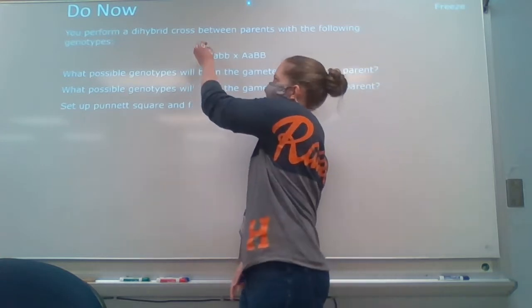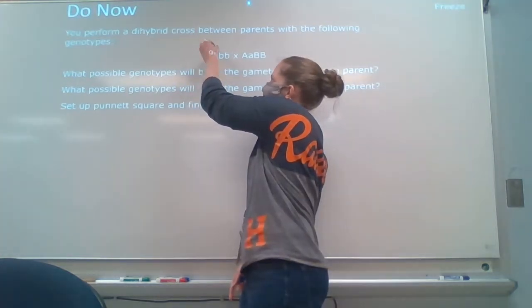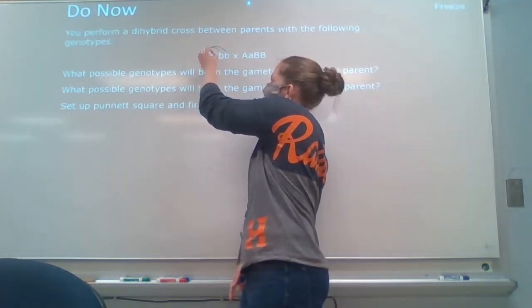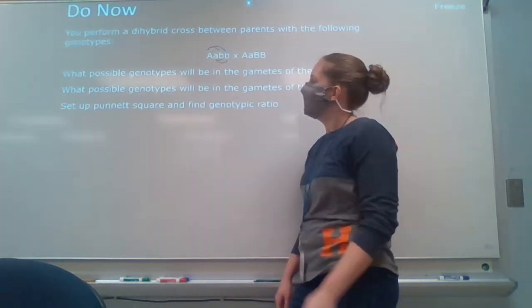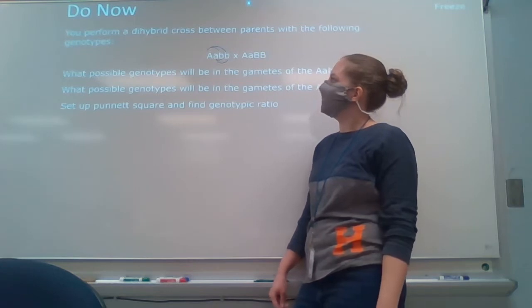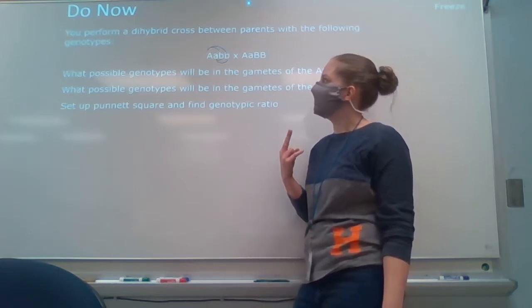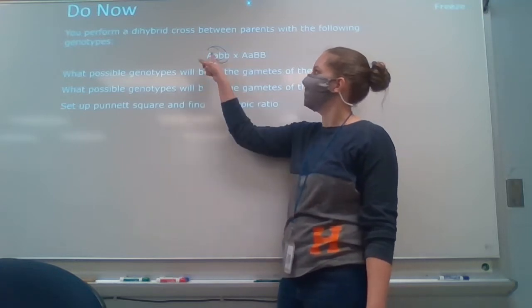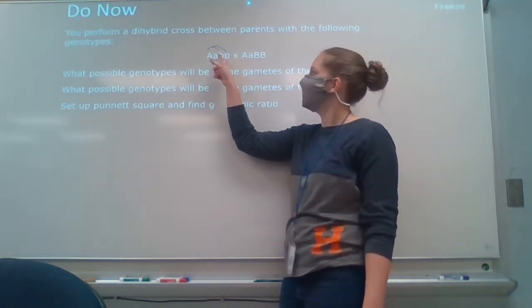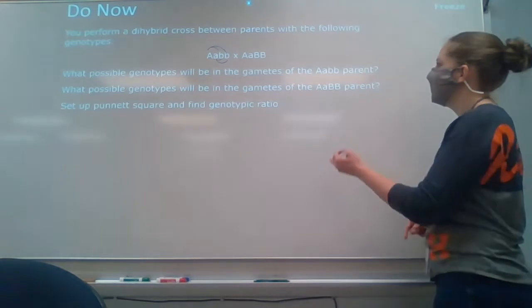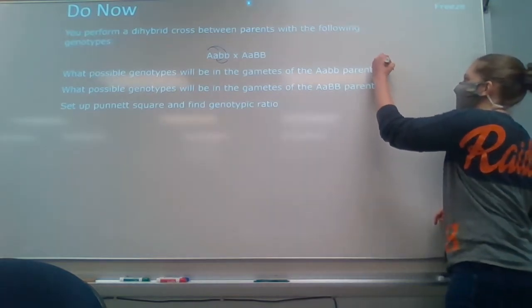So talk about how you could physically draw the FOIL lines out so you could see all the possible combinations. In this case, parent one is really only going to give two different possible combinations in their gametes, right? They're either going to give a big A and a little b, or a little a and a little b, right?